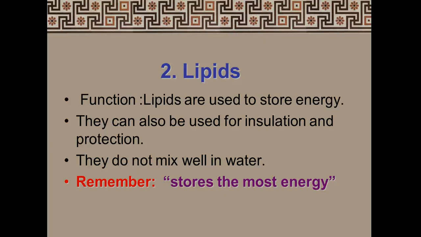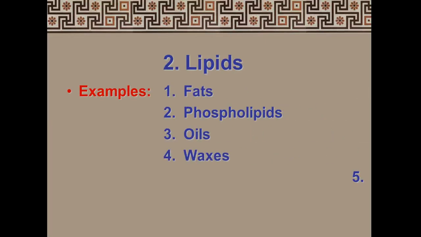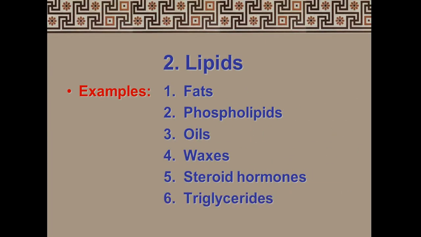Here are some examples of lipids. When we talk about fats, oils, waxes, those are very common to you, and I would probably write those examples down right now. But also, we're going to talk about something called phospholipids later on. They're a component of a cell membrane. Steroid hormones are made up of lipids.